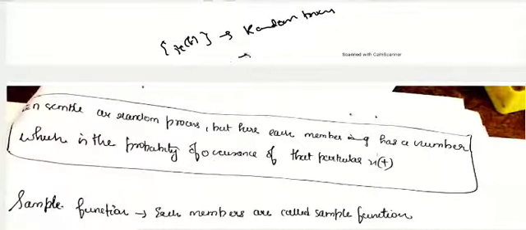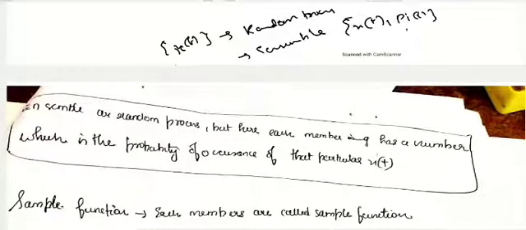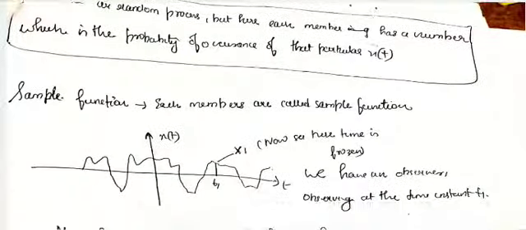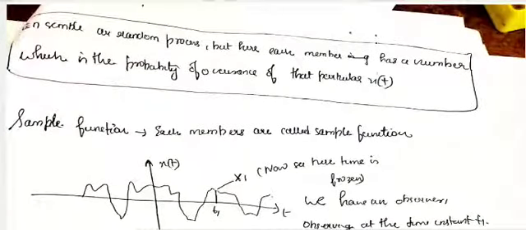But when it comes to an ensemble, x of t has its probability attached to it. That is the difference between an ensemble and a random process. So, an ensemble is actually a random process, but here each member has a number which is the probability of occurrence of that particular x of t.